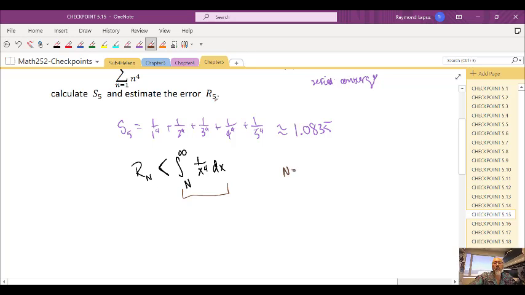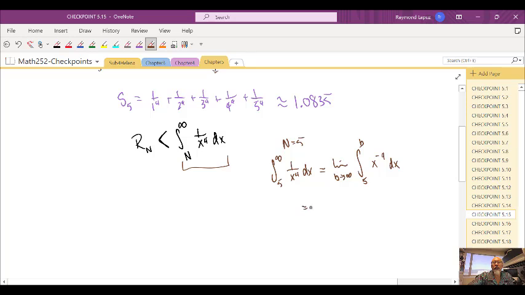We integrate from 5 to infinity. Since it's an improper integral, we compute it from 5 to b, and then let b go off to infinity. I'll write this as x to the negative fourth power to get it ready for integrating.